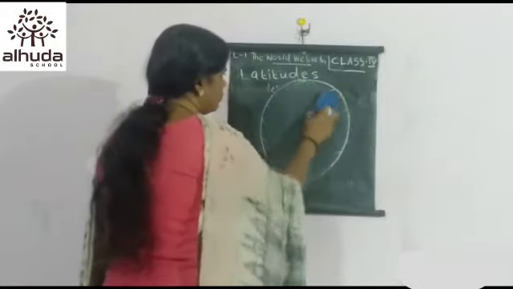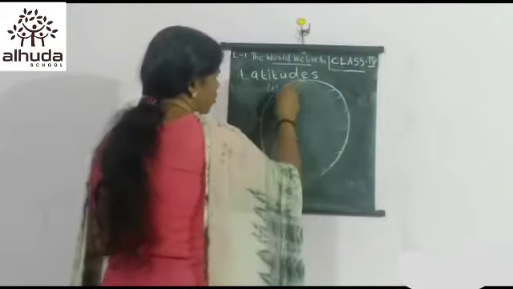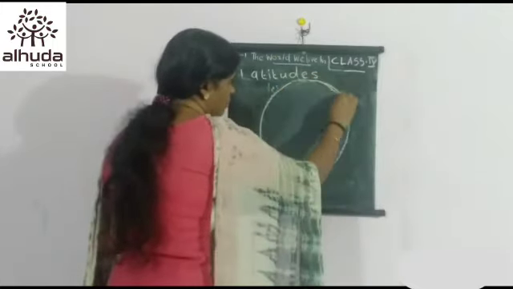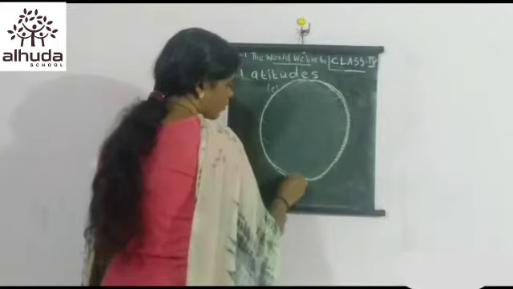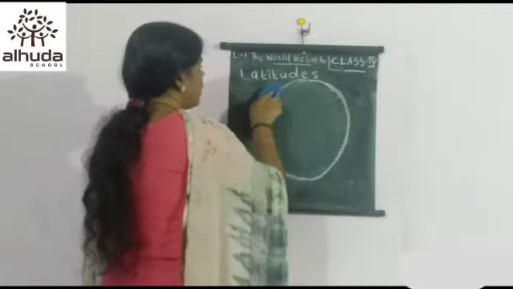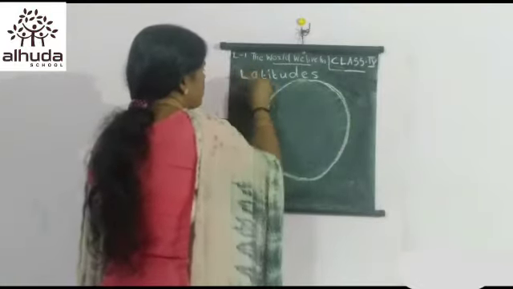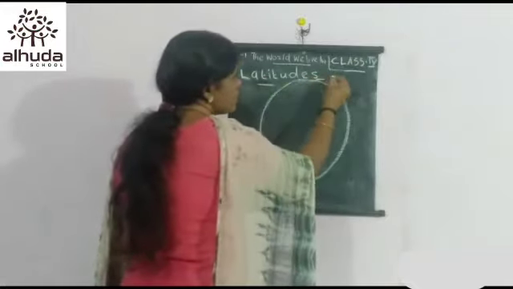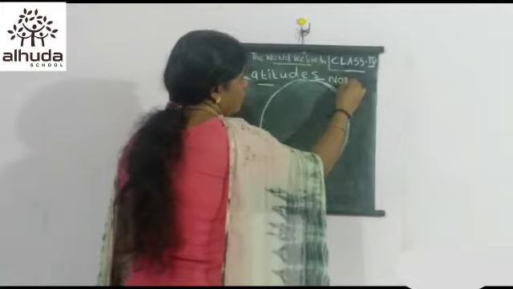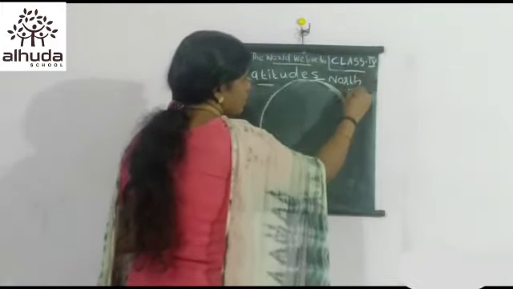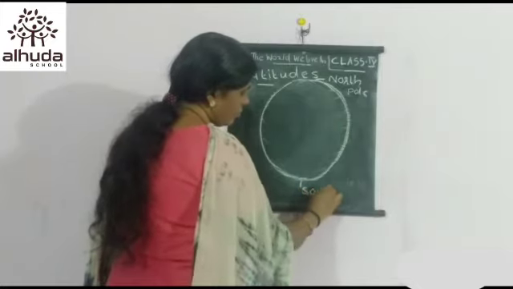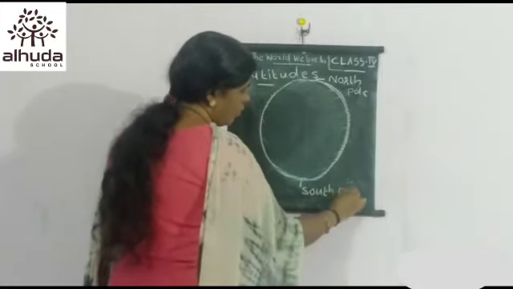So the outline of Earth is here. What are we learning now? We are learning about the latitudes. What is this? This is the North Pole, isn't it? And this is the South Pole.